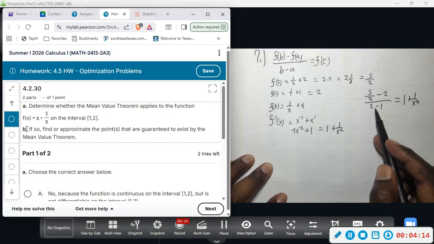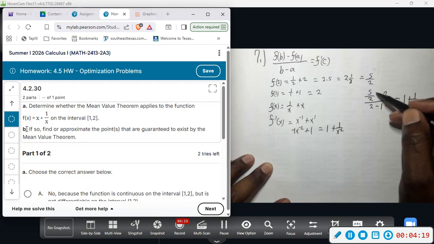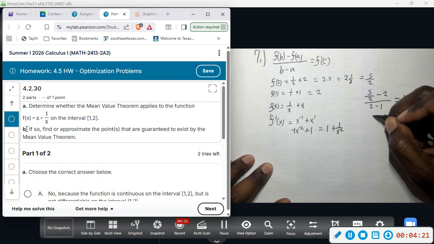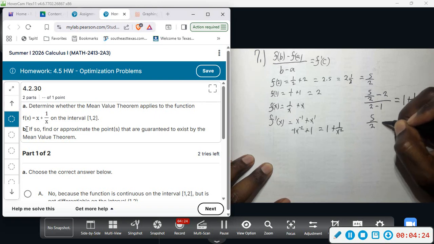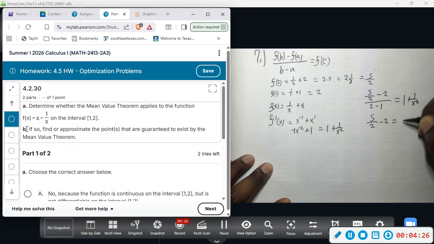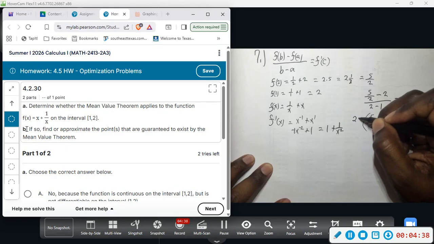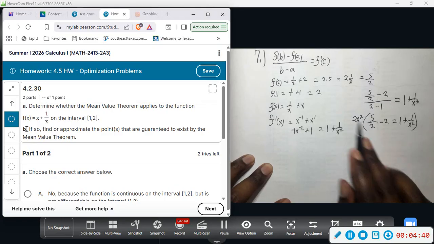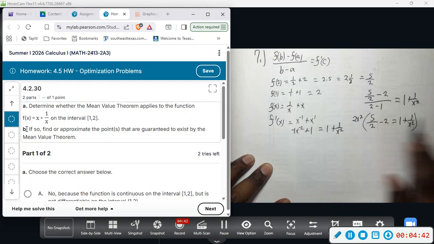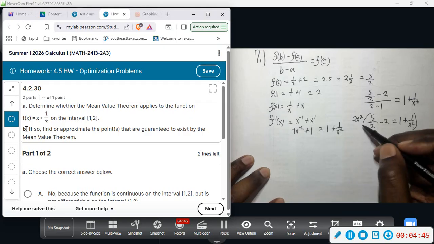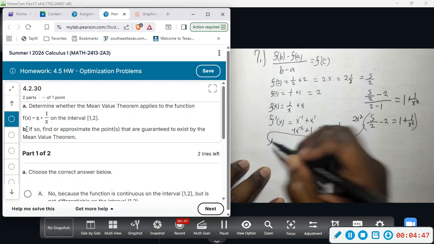All right, so let's simplify this a little bit. 2 minus 1 is just 1, so we'll just have 5 over 2 minus 2 equals 1 minus 1 over x squared. To get rid of fractions, I'm going to multiply both sides by 2x squared.